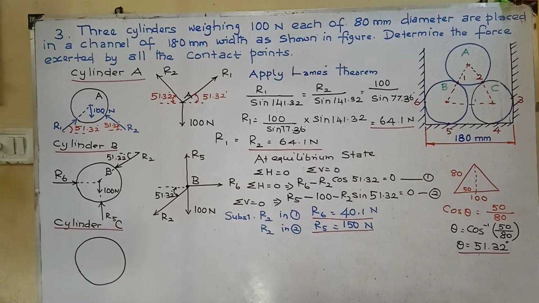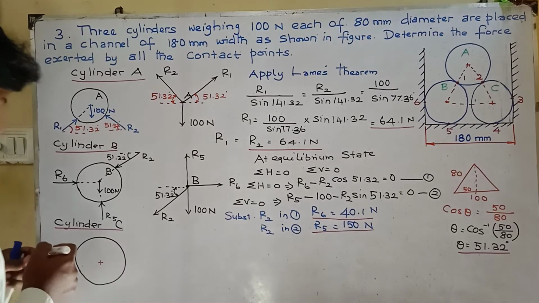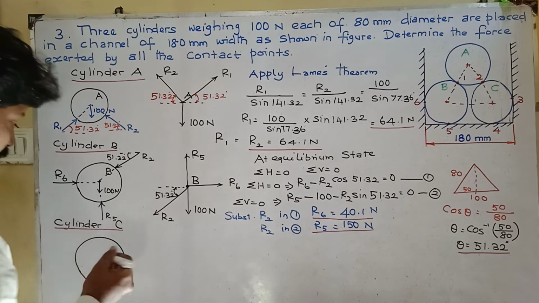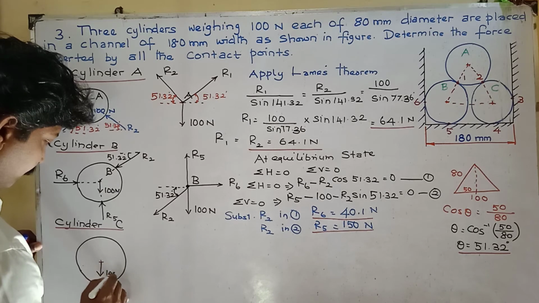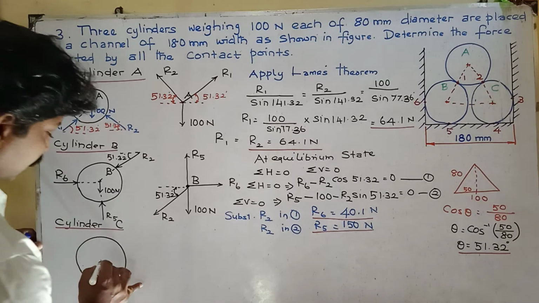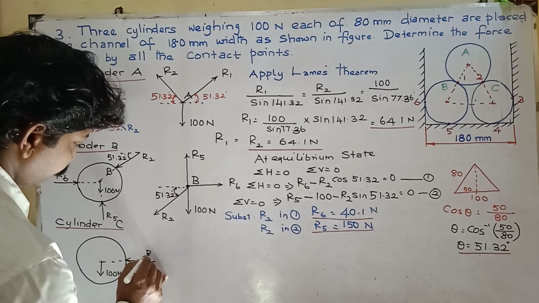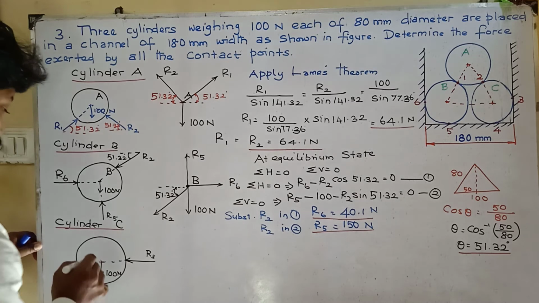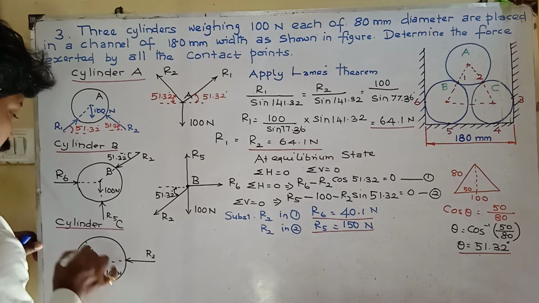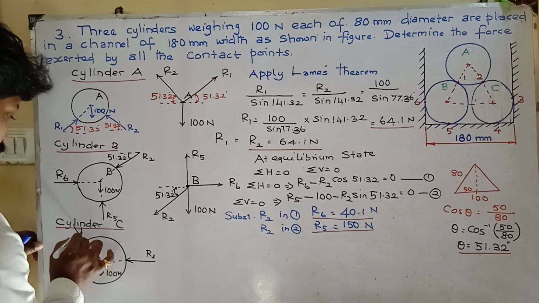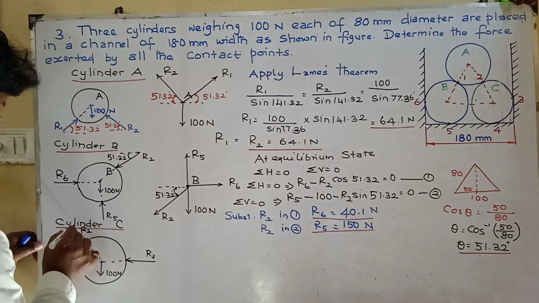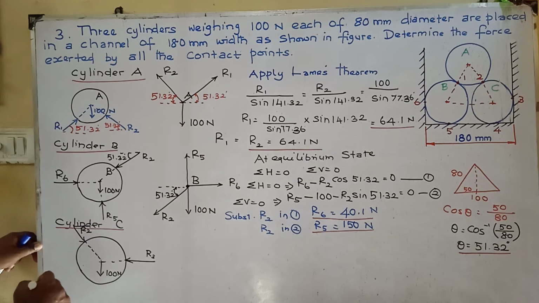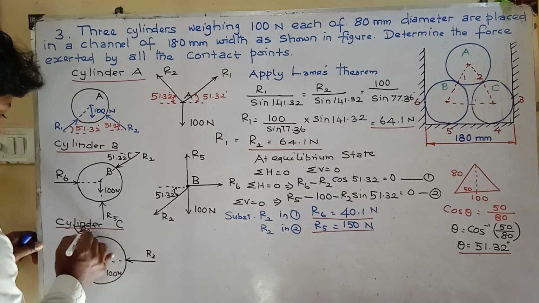So what are the forces acting at cylinder C? Weight of the cylinder 100 Newton, and reaction at point 3, R3, horizontal, and reaction at point 2, R2, with the horizontal inclination 51.32 degree.